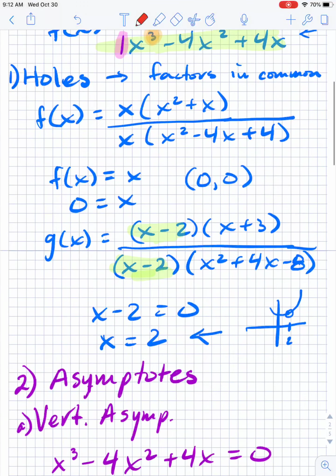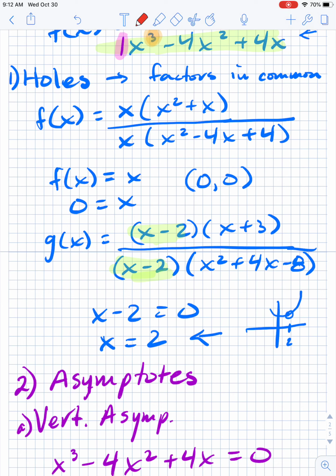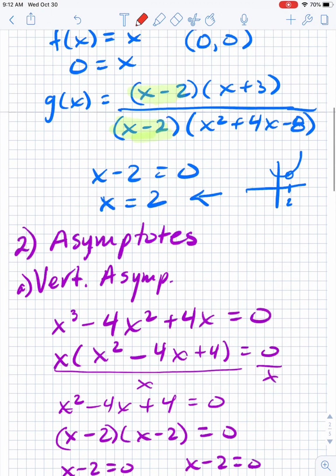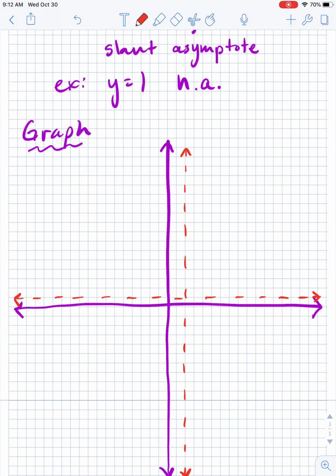So for this one, I already know that I have a hole at 0, 0. I also know that I have a hole on x is equal to 2, but that's where my asymptote is, so there really isn't a hole there. It's just, there's nothing there. But there is definitely a hole at 0, 0, so I am going to just draw that hole.